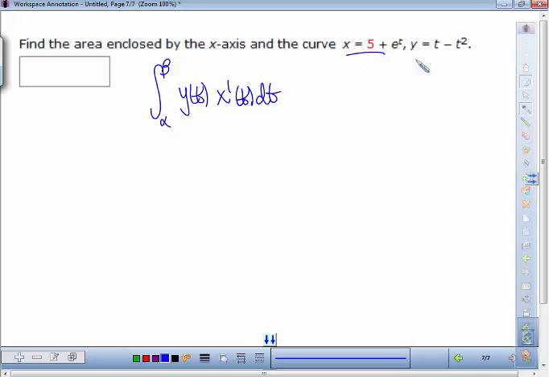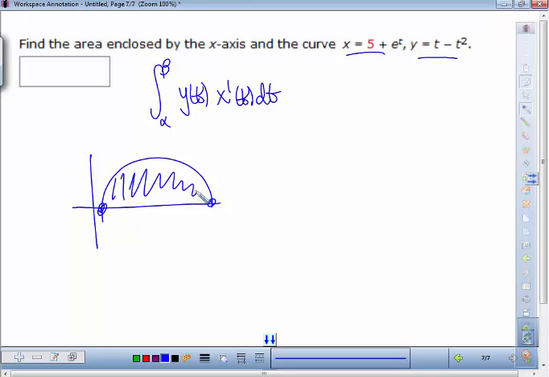I can easily get the y of t, and the x prime is easy. Now I just need to worry about finding this alpha and beta. I don't know what this graph looks like, but I'm imagining that it will intersect the x-axis in a couple of places, which would allow me to find a defined area. So the question is, what are these two places where they intersect?